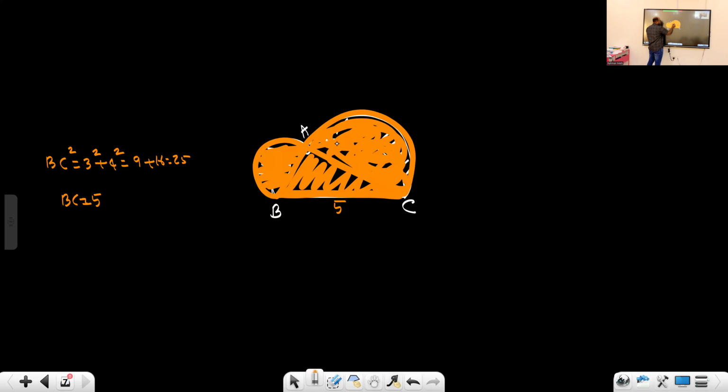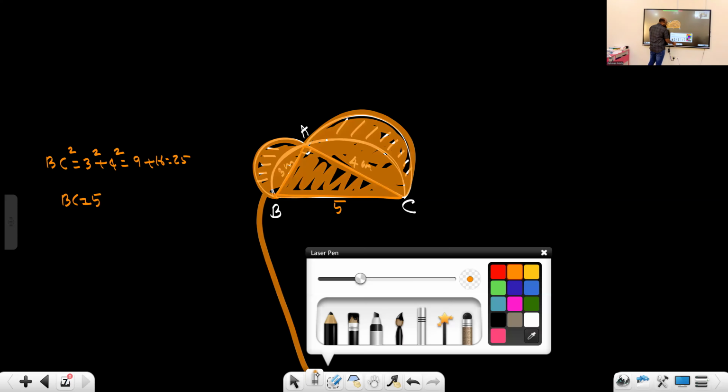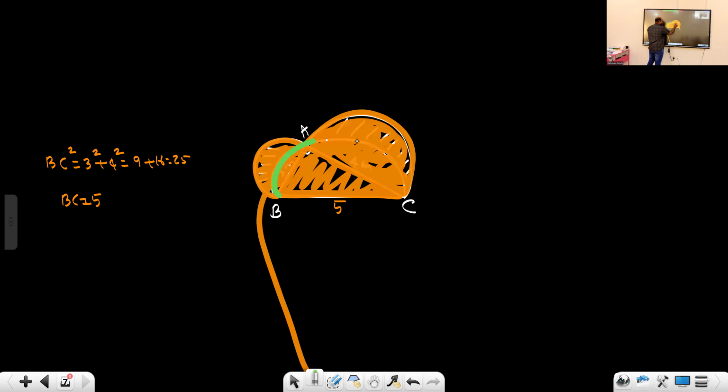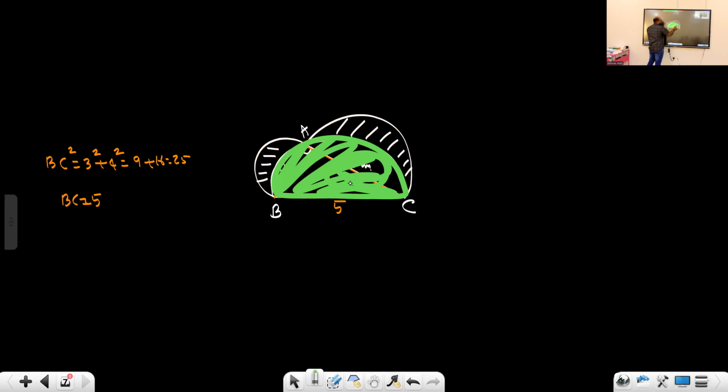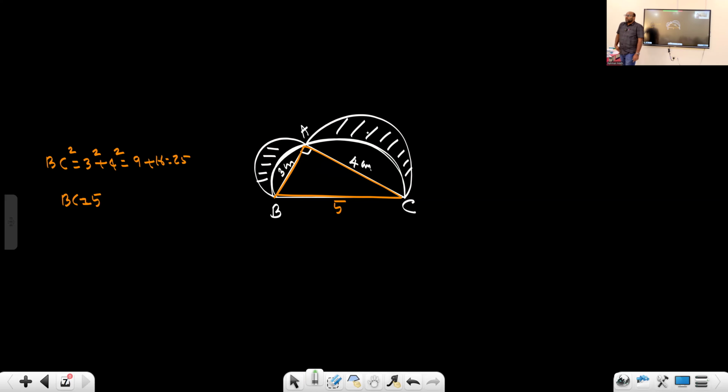But actually we don't need the full area. From there we have to remove this semicircle area. When you remove this semicircle area from the whole area, what is balanced? The shaded region will be balanced. Am I right or not? This type of question, first you have to find the whole area, then you remove. That is better for you. Area of the shaded region equal to, here I am adding some names.